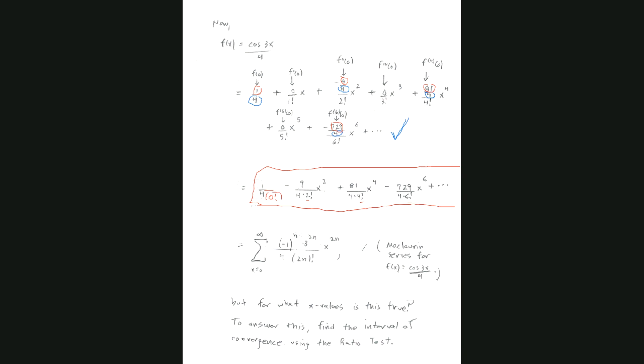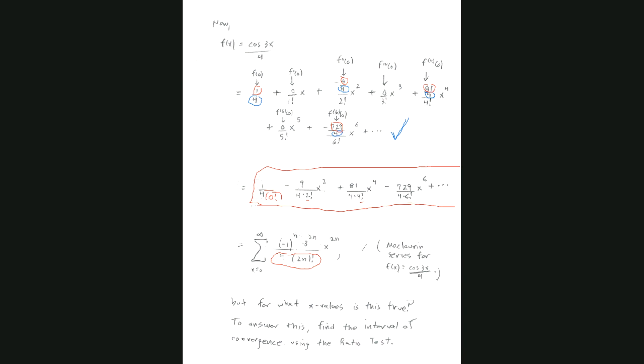So in the pattern in the denominator, I'm seeing 4 in the denominator, and I'm seeing even factorials. And so that leads me to believe that in the denominator, I should have 4 times (2n) factorial, just based on the behavior of the denominator.